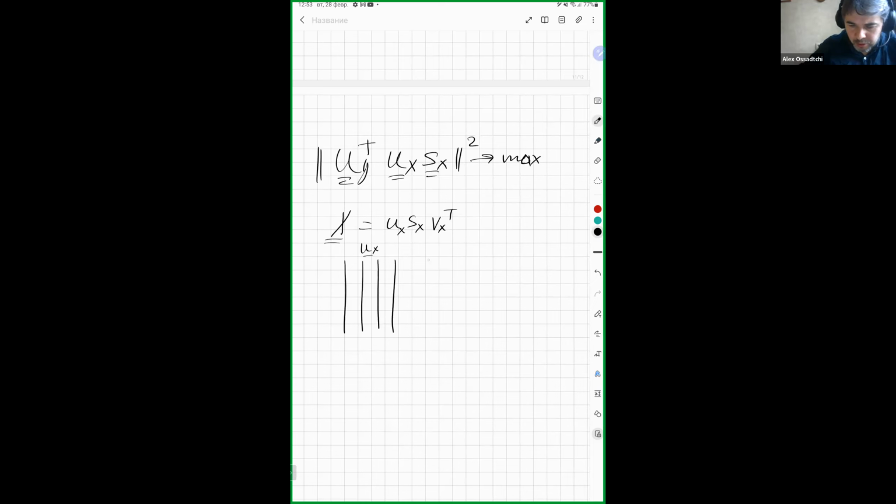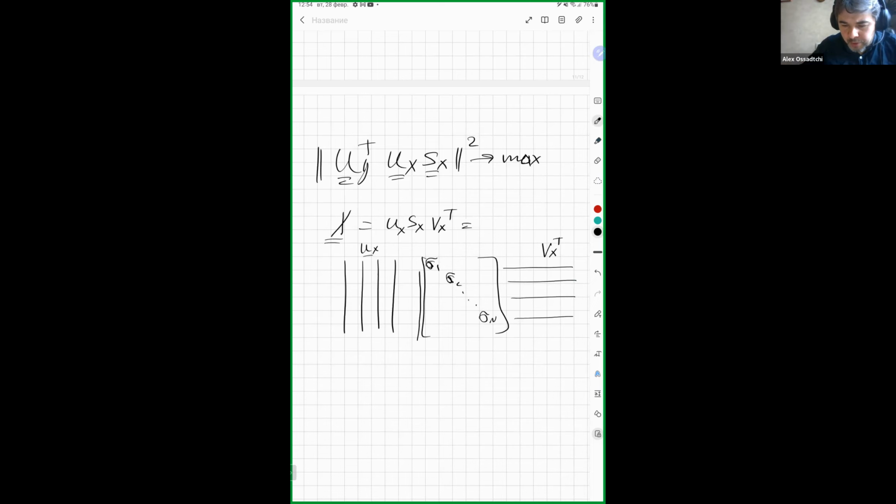You have a diagonal matrix of singular values, let's call them sigma 1, sigma 2, sigma n. And then you have rows of your matrix VX transpose.